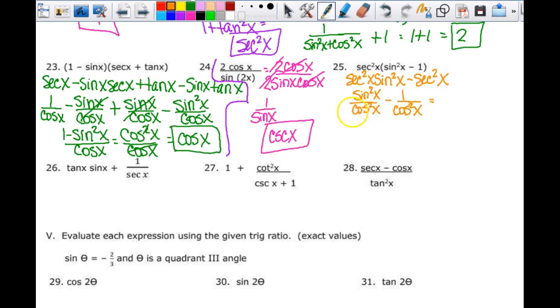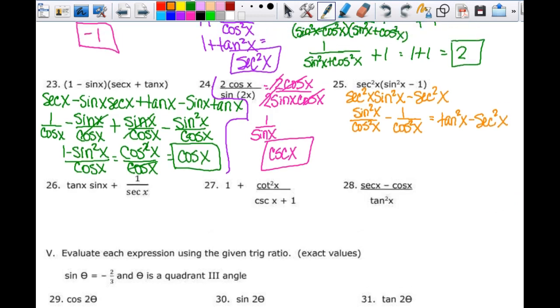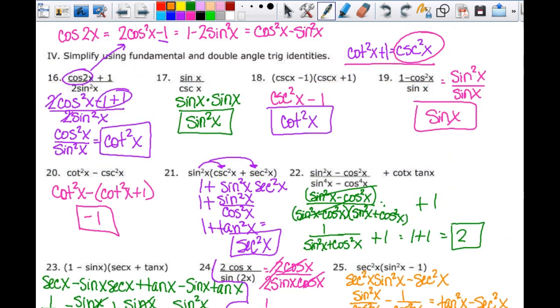But sine squared x over cosine squared x is actually tangent squared x. So if I do tangent squared x minus secant squared x, then I can substitute something in there. And I know that I have this as the cotangent and cosecant, but this is the same relationship for tangent and secant.